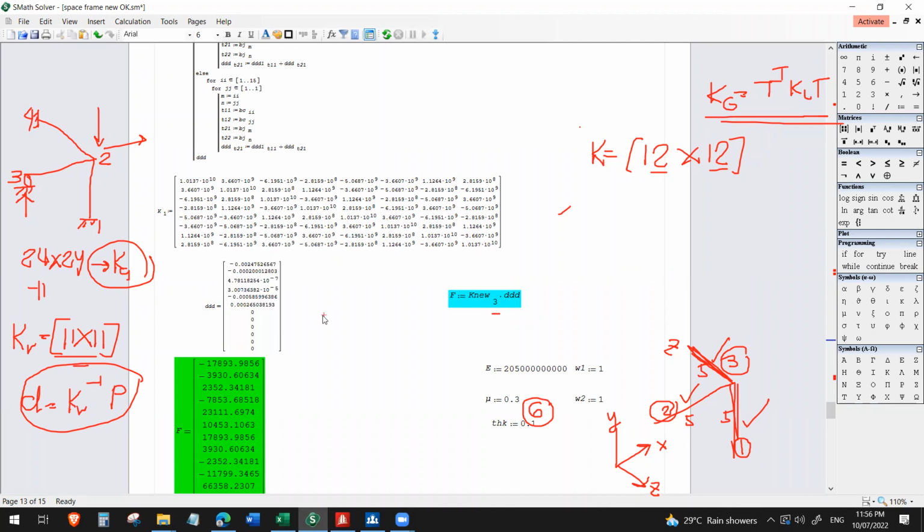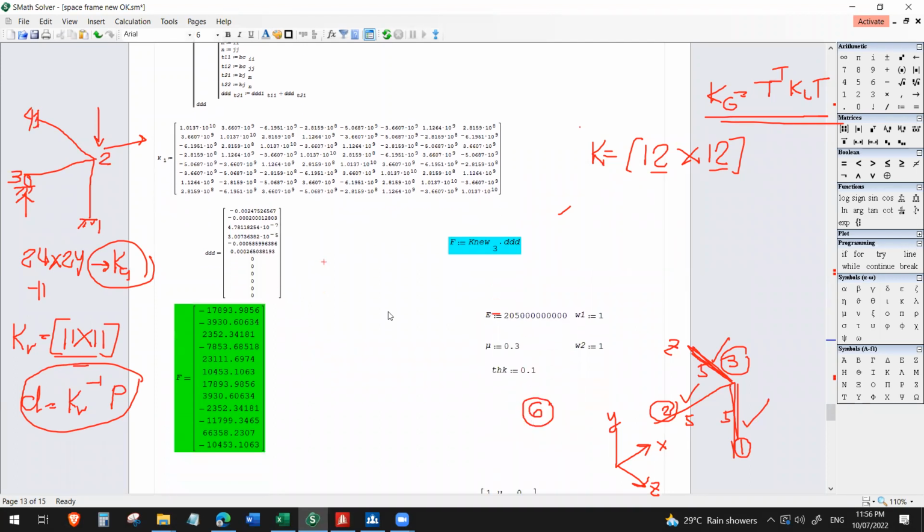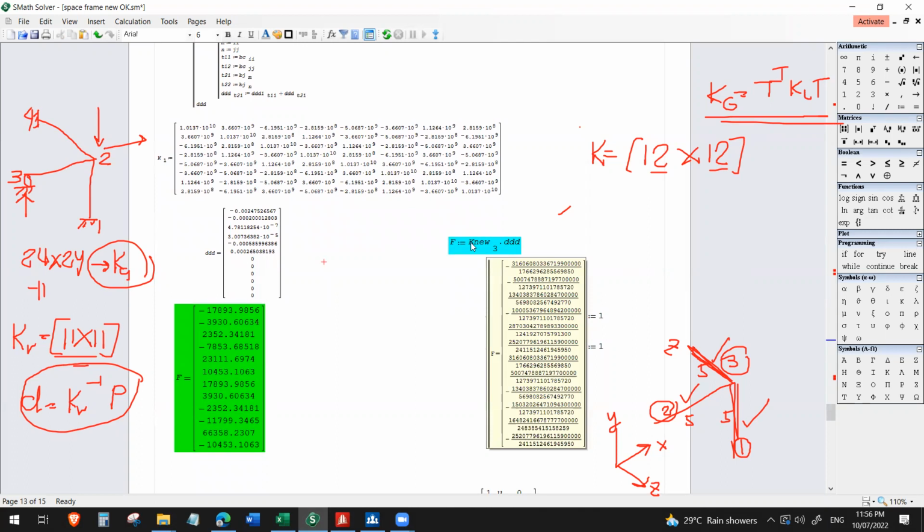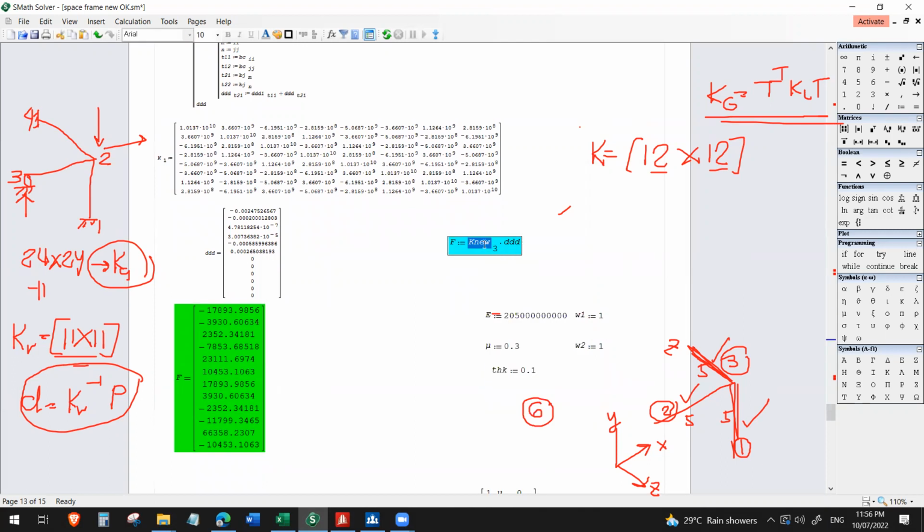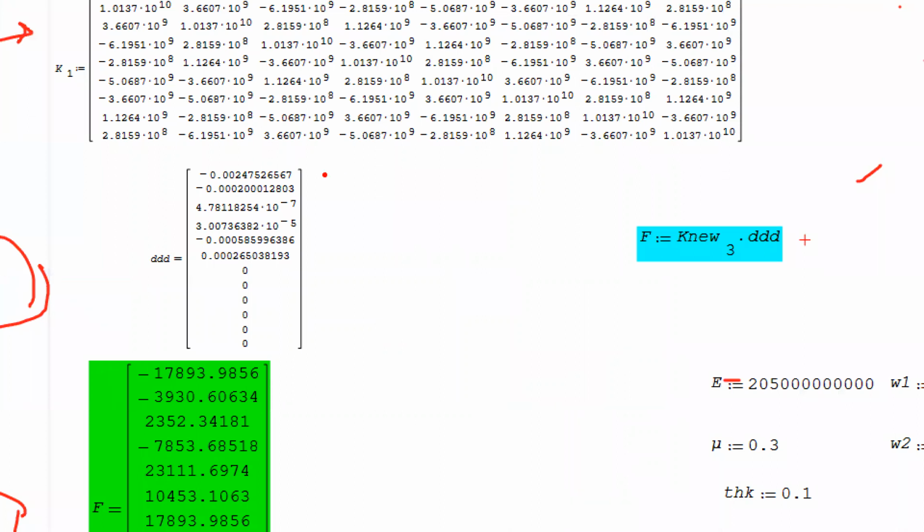That's why, in order to get the forces, K times u sub 3, because remember, it's the global stiffness matrix multiplied by the displacement of member 3. In short, these are the displacements of member 3.